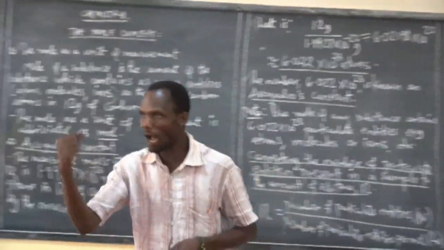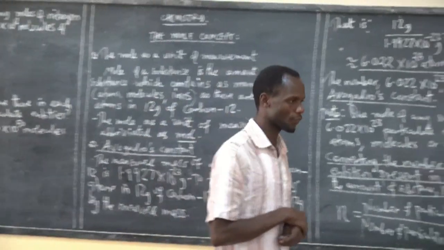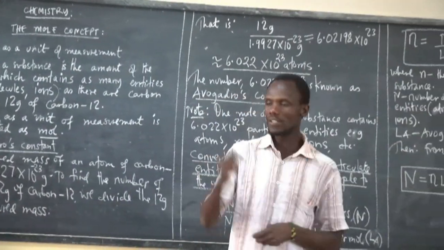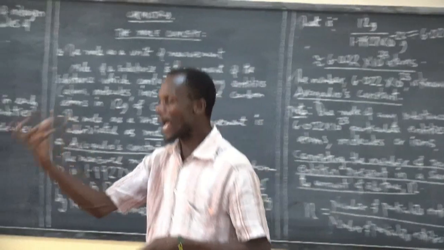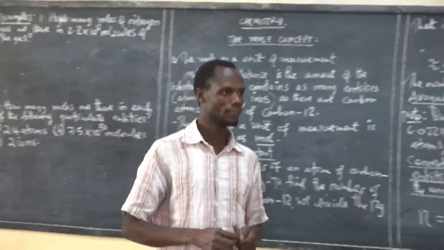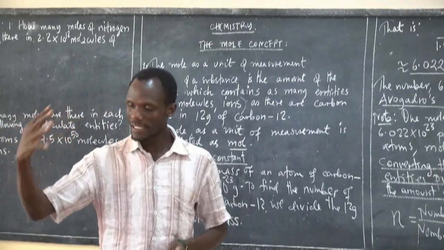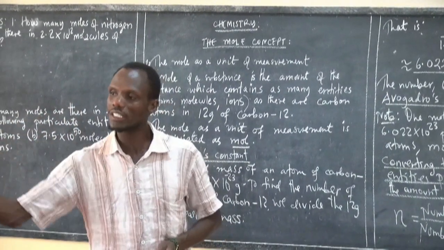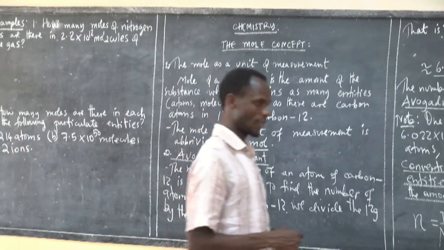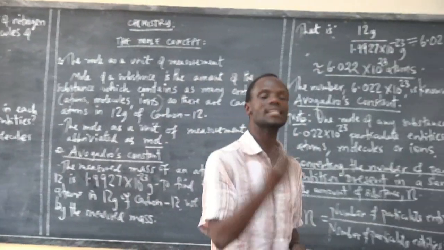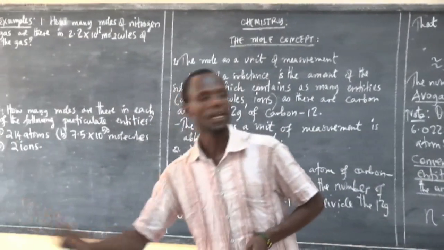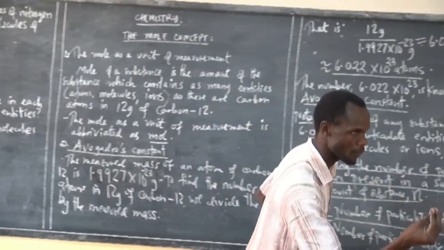We buy a pair of shoes. We always go to the shop to buy a dozen of something. A dozen of something means there is a specific quantity, and that makes you say that this is a dozen, this is a pair of shoes.